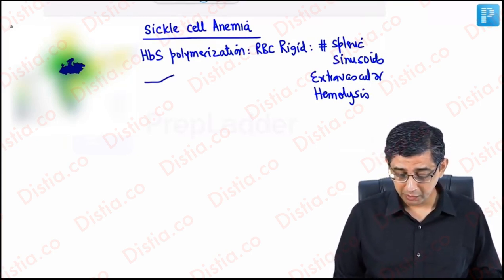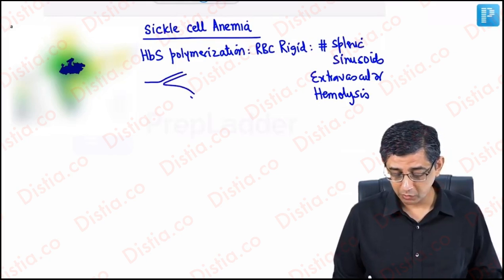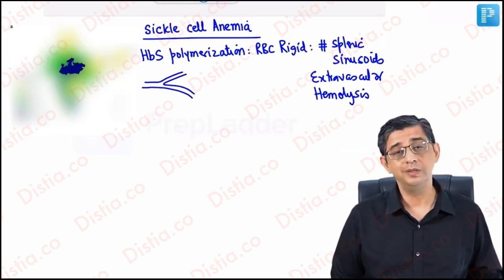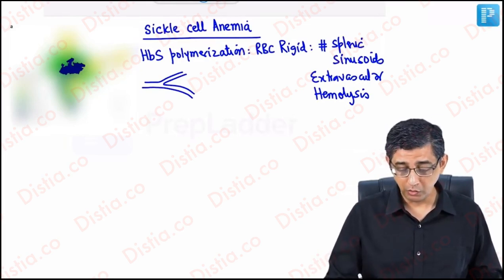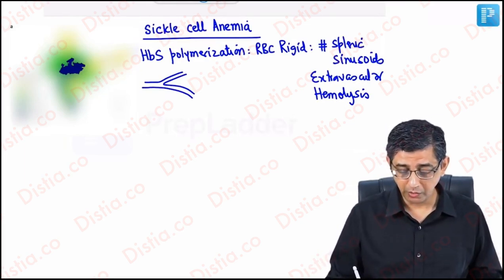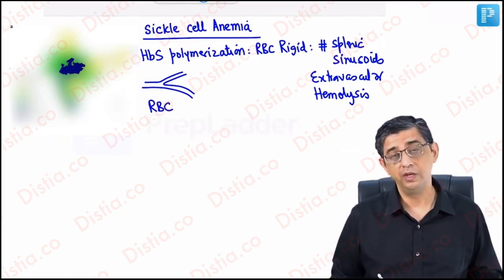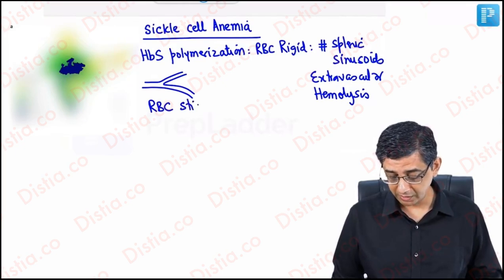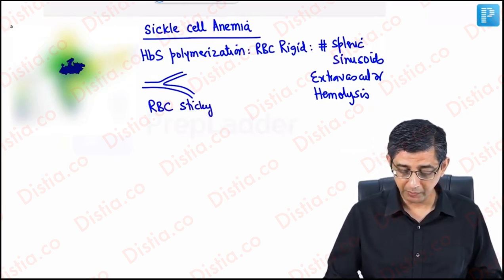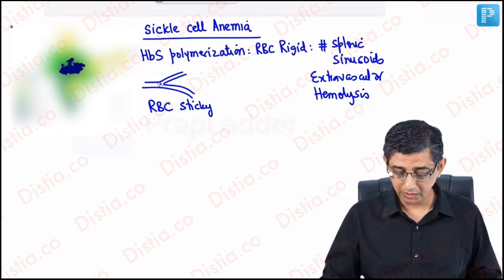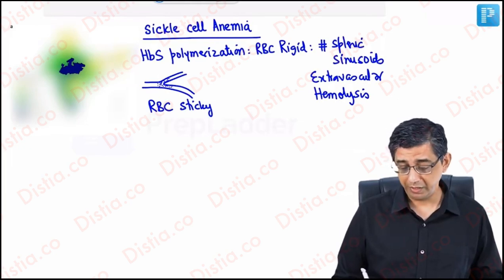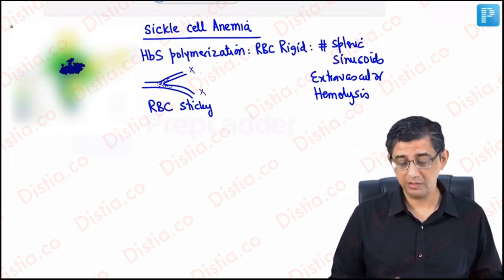Another problem that can be experienced is that if you imagine this to be any blood vessel in the body with a terminal branch, RBCs in this condition also tend to become relatively more sticky thanks to again hemoglobin S. Now, because the red blood cells are relatively sticky, there's a distinct possibility that they might actually just clog up this circulation at the branching point, cutting off the blood supply to the distal areas.